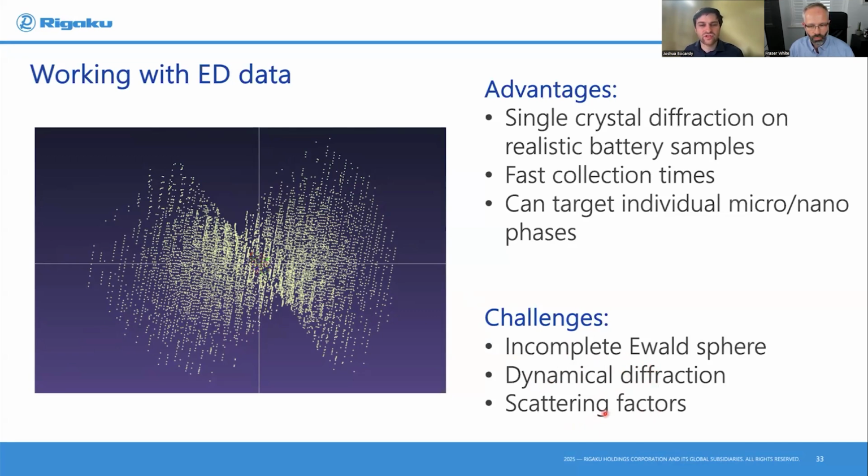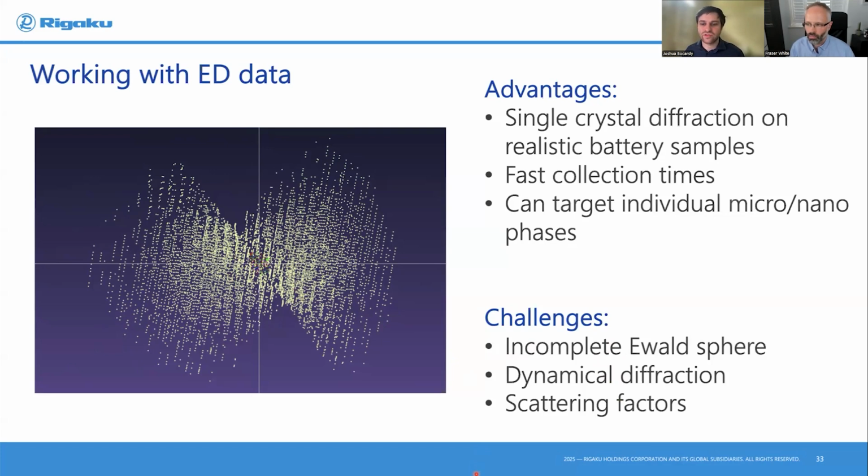And then also the electron scattering factors are less straightforward than X-ray scattering factors. There are ones that you can find tabulated in various sources and use, but there are some complexities, like the fact that they change quite a bit when you have an ion versus a neutral atom, and that matters in batteries. So we have to think about each of these things. We have really beautiful data sets, and we should be able to get great structures, but it's something we have to be aware of.